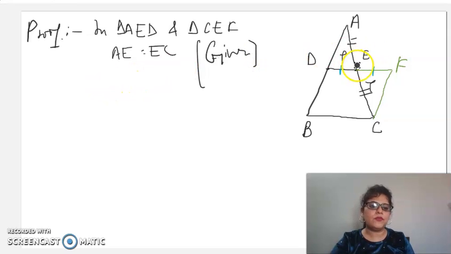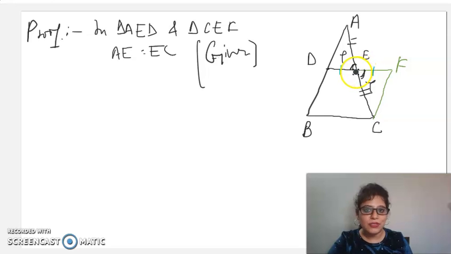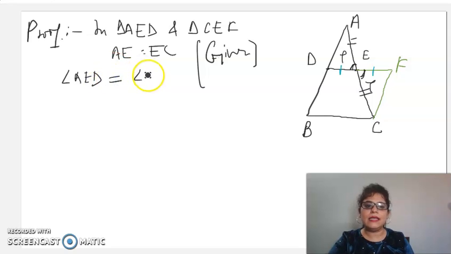Similarly, if you see these two angles, now AC and DF are two intersecting lines. So these two angles are what? Obviously they are vertically opposite, so they will always be equal. So angle AED is equal to angle CEF.